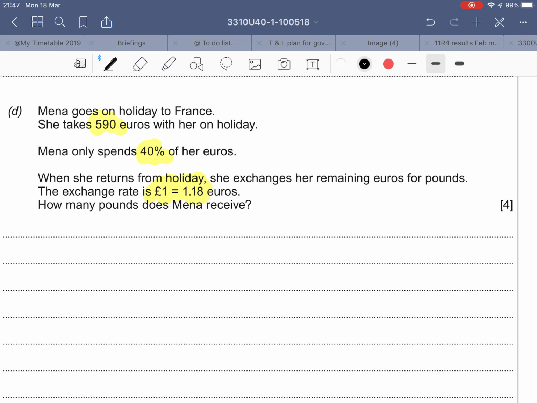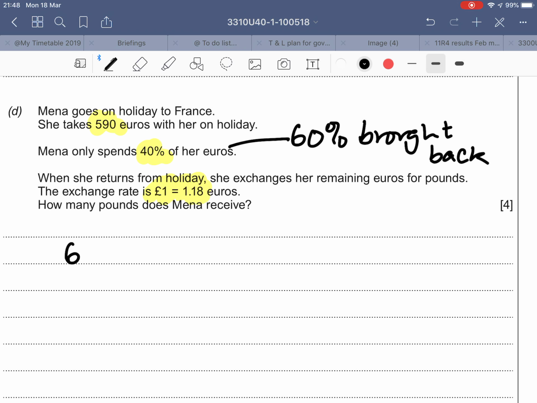Okay, she only spends 40%, so she's bringing 60% back that she didn't spend. So 60% of the €590 would mean that she's bringing back €354 and changing it back into pounds.